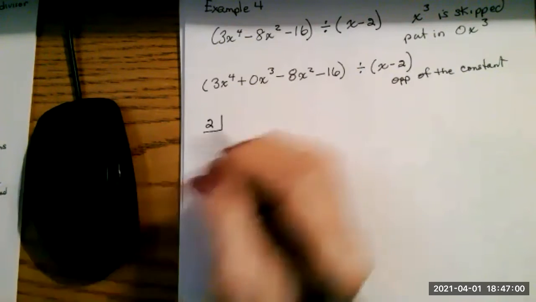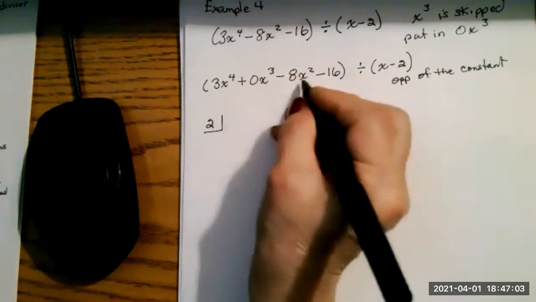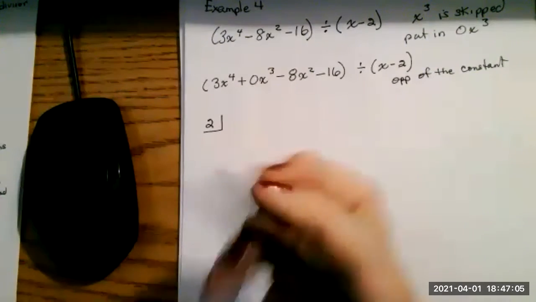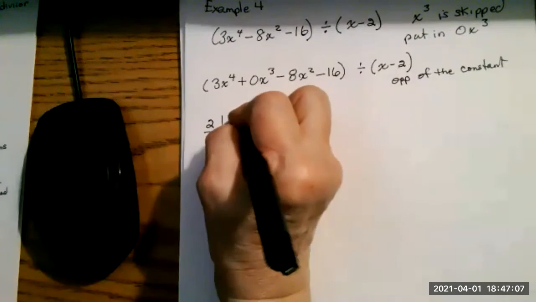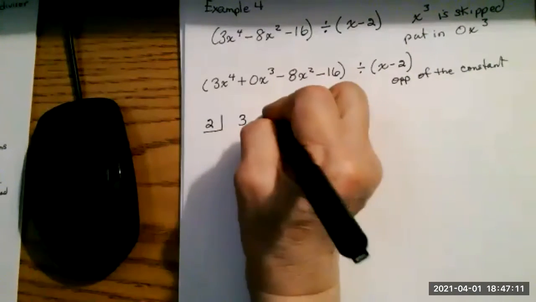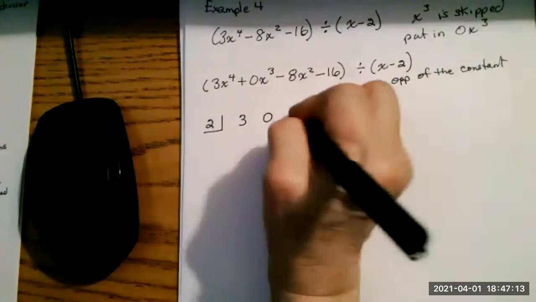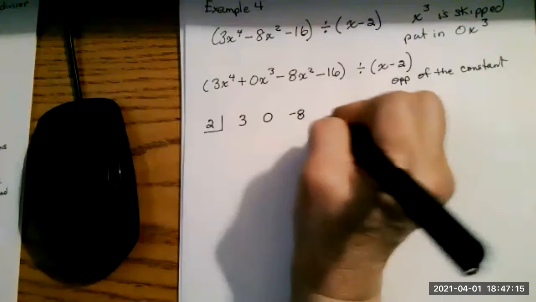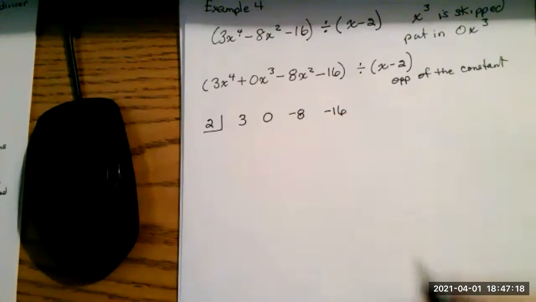Now, out here, I'm going to put the coefficients. Now that I have all the ones in order, I'm not putting the x to the 4th. I'm just going to put a 3. And then I'm going to put a 0. And then I'm going to put a negative 8. And then I'm going to put a negative 16. Already it's looking easier.